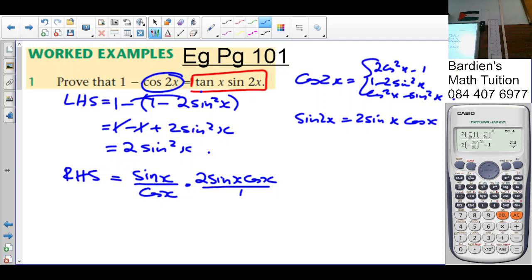Now what do we do? Cancel. Cancel what? Cos x. So what are we left with? 2 sine squared x. What do you notice now? It's equal to the left hand side.